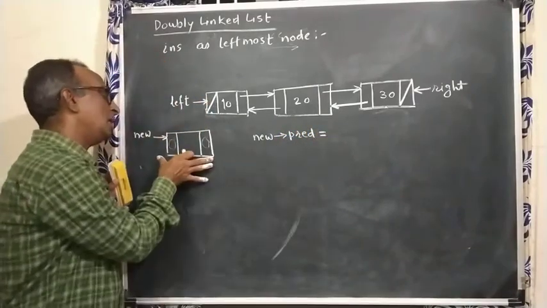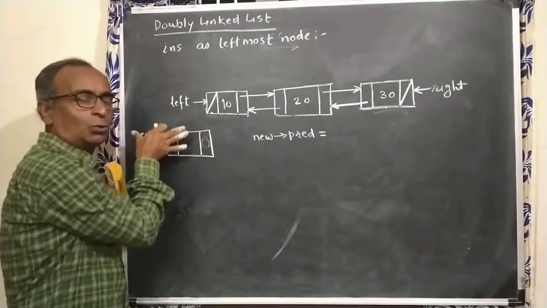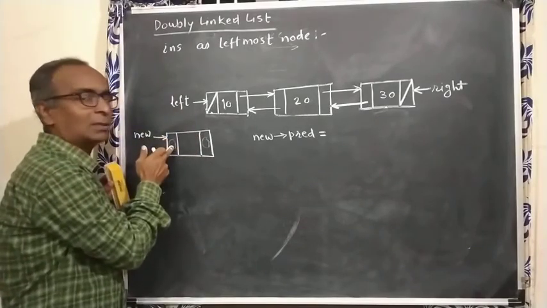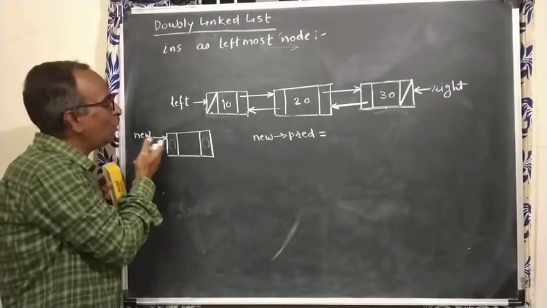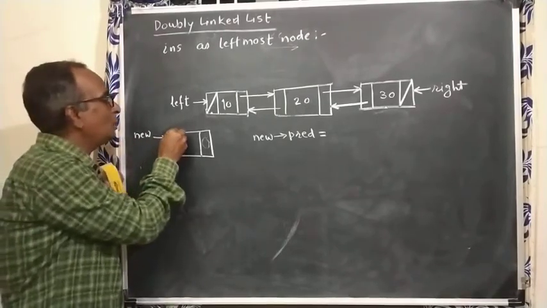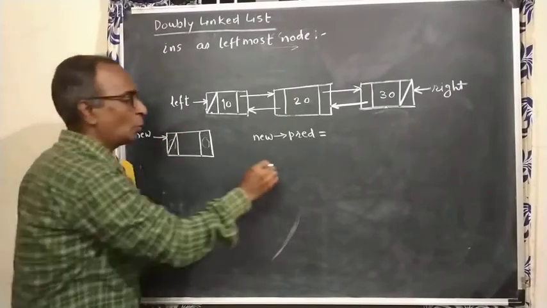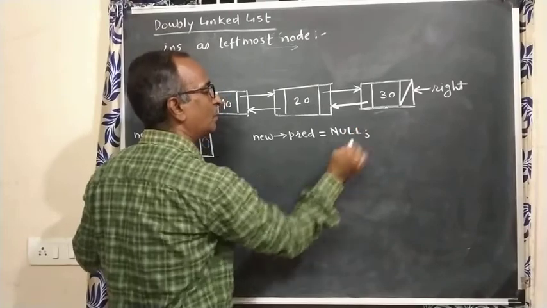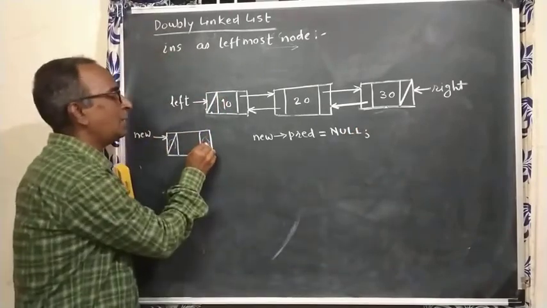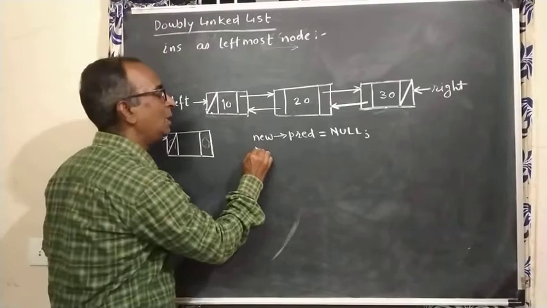Now when you are inserting this as a leftmost node, what will be this node's address? This field contains, because it will not have any predecessor, so this should be null. So this is given null value, right? Then we will set this field. How to access this field?